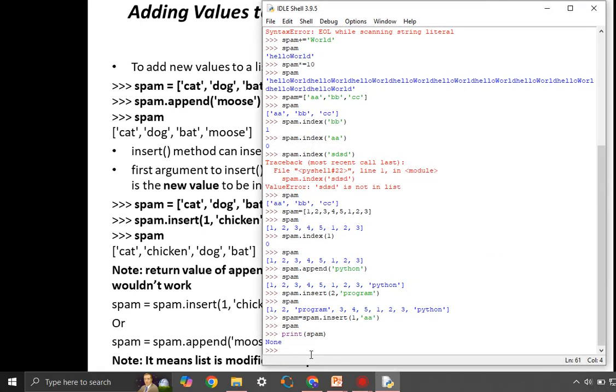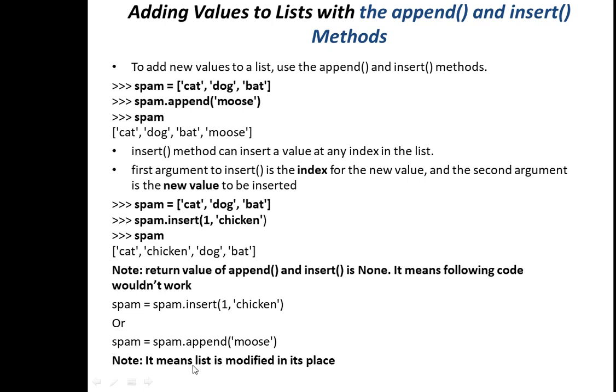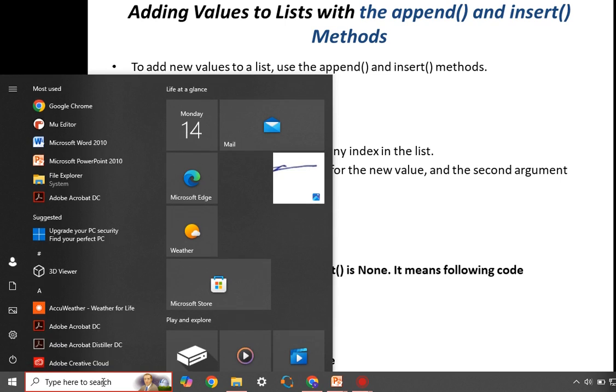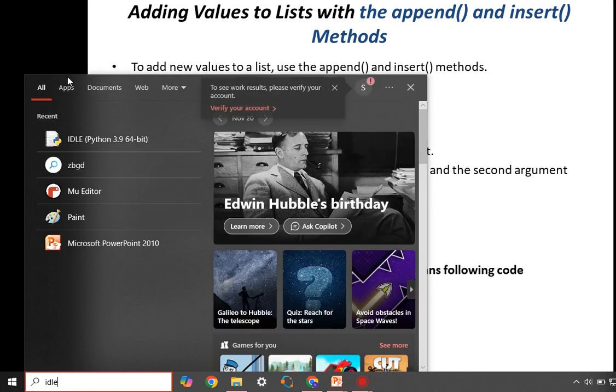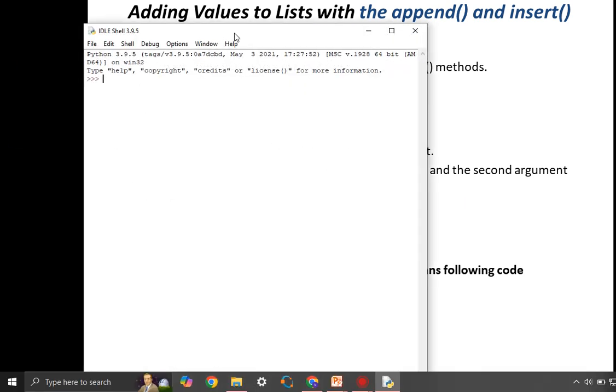Since I've used the same variable, you might find it confusing, so let's just do it again to make it easier for you. I'll just open the IDLE screen again. Now let's say I create a list like this, 1 2 3 4 5.